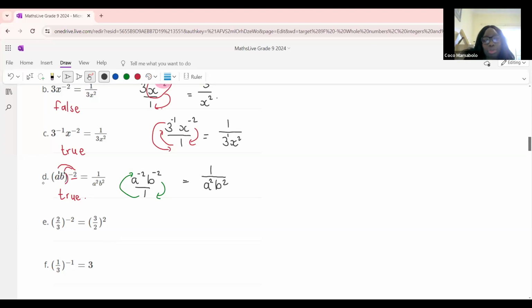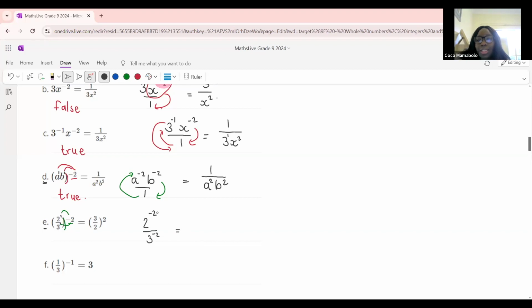Remember, this rule, the rule that we used in D, also applies in E. So I know that this 2 over here has an exponent of 1. And the 3 in the denominator also has an exponent of 1, right? Now that I see a bracket and an exponent, I'm going to distribute. Multiply, multiply, right? So I'm going to end up with 2 to the power of -2 over 3 to the power of -2.